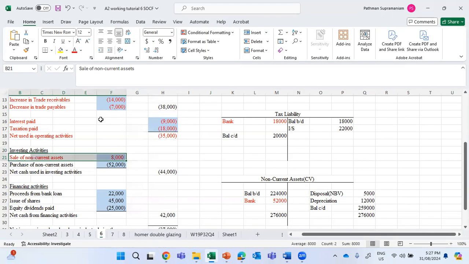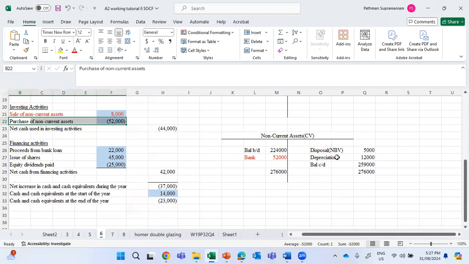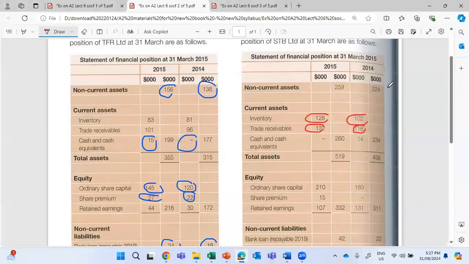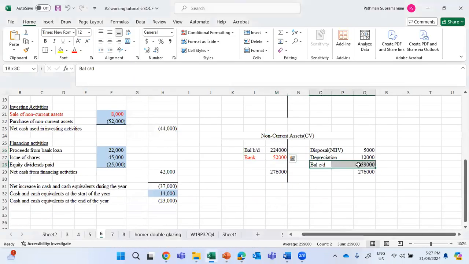Okay. And then we need to work out the purchase of non-current assets, 52,000. How I got 52,000 is the same approach I took in the previous question. The opening book value 224 coming from here. This is the ending book value 259. And then I put in the net book value of the disposal.